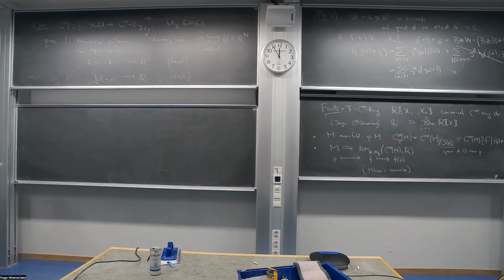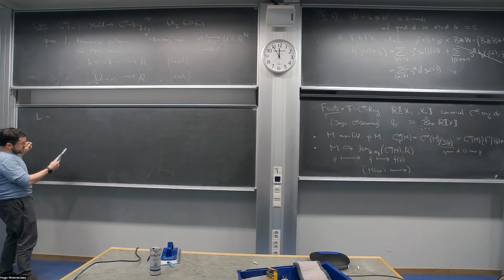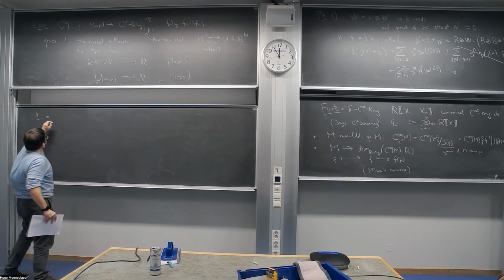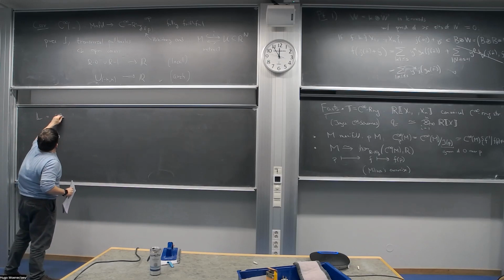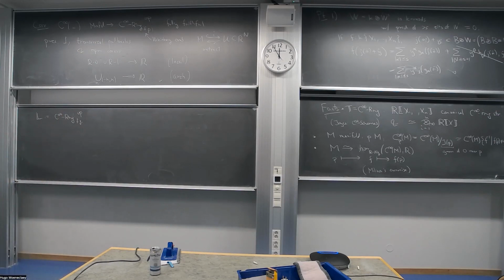Okay, so we have a diagram. L is by definition this category of loci, with the C∞ ring finitely generated.